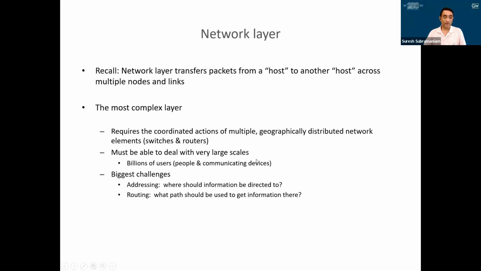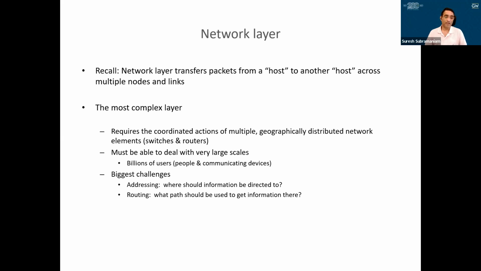And it must be able to deal with very large scales, because the number of users, network devices and end devices is going to be very large in the internet. There are billions of users, right? By one measure, there are 50 billion devices. There are only 7 billion people in the world, but there are 50 billion devices connected to the internet.